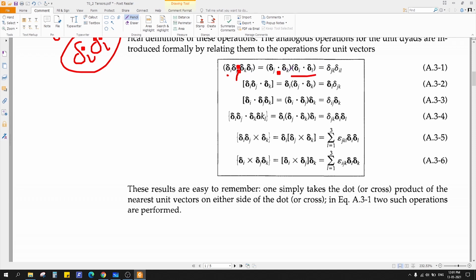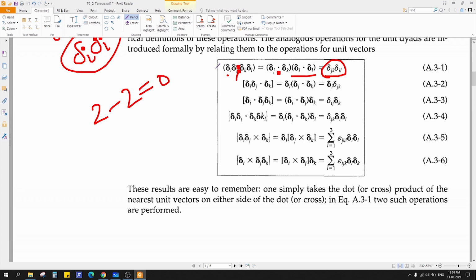So delta jk and delta il. The thing is, this is a scalar, right? So what is the order of the tensor? This is 2. And if you have a double dot product, that means it is 4. But if you have a single product, this is 2.